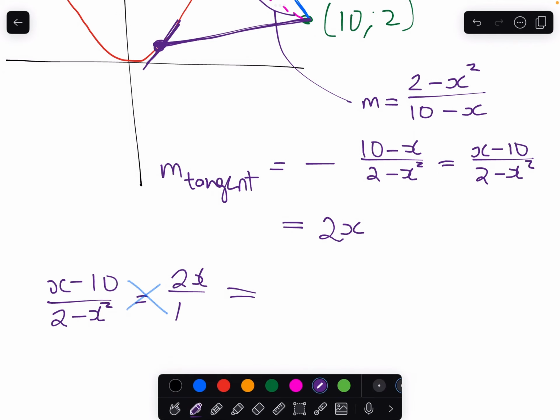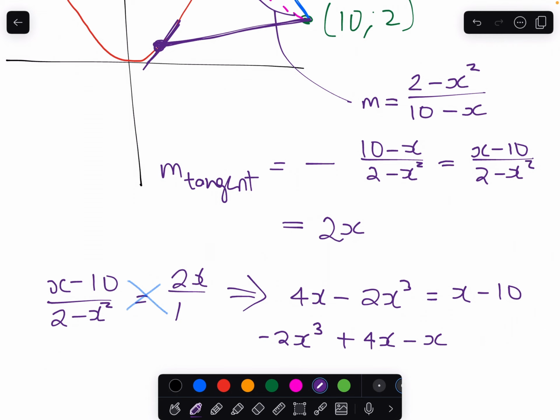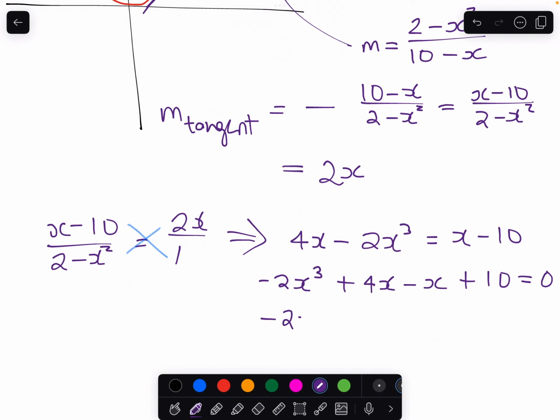So we have 2x times 2 is 4x, and 2x times x squared is 2x cubed, and on this side we have x minus 10, minus 2x cubed, and then plus 4x minus x plus 10 is equal to 0, and that is minus 2x cubed plus 3x plus 10 is equal to 0.